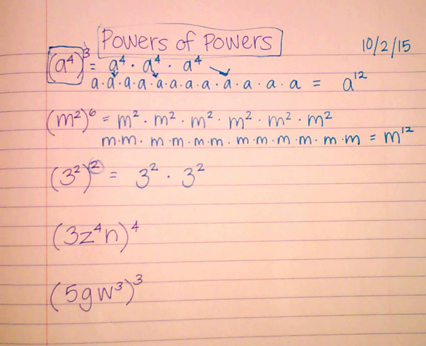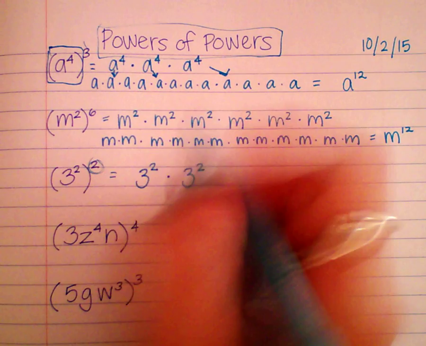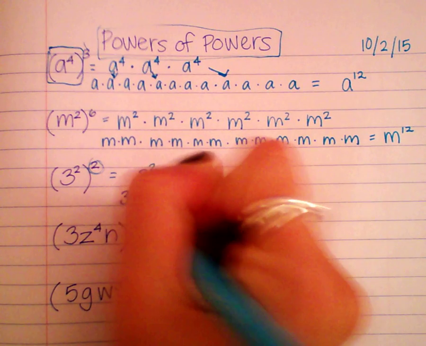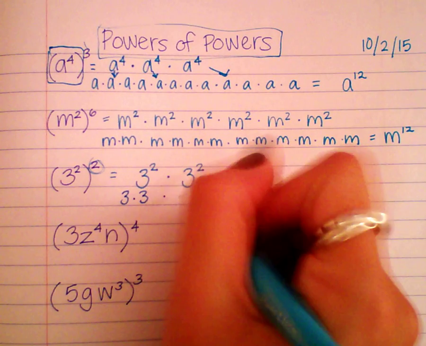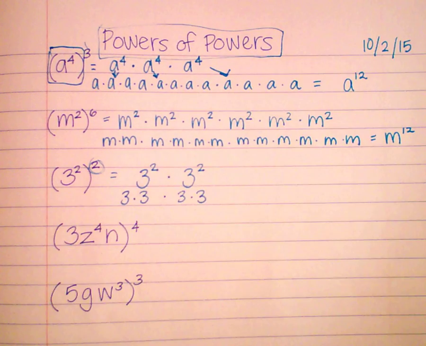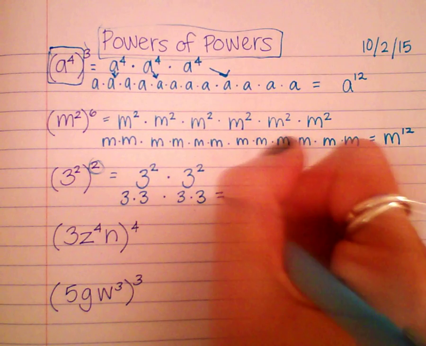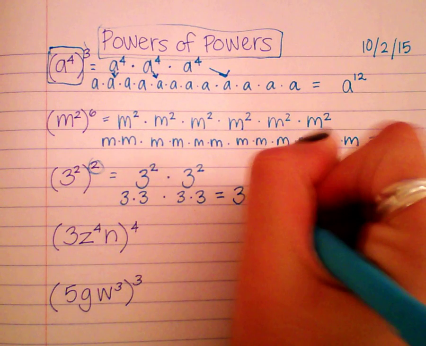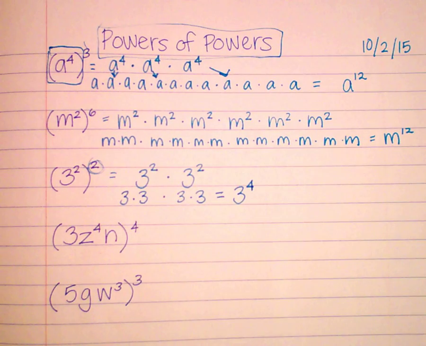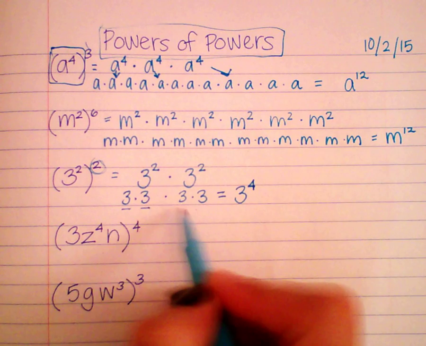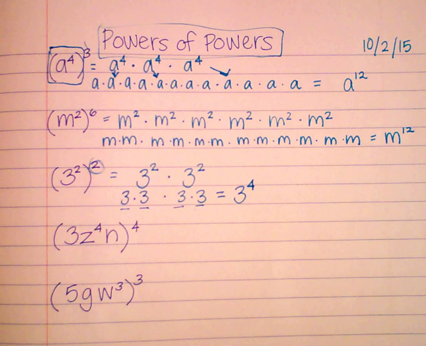All right, let's keep on expanding. 3 squared really means 3 times 3. 3 times 3. So that means I really have 3 to the 4th power, right? 1, 2, 3, 4. My base is 3. I have 4 of them, 3 to the 4th power.